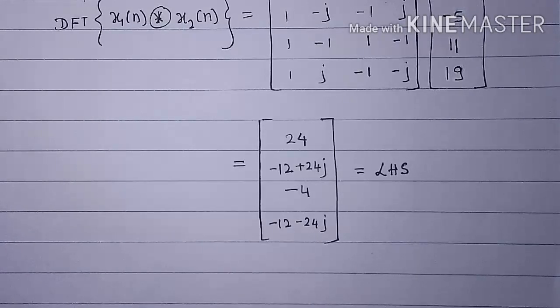Now we have to compute the DFTs of x1 of n and x2 of n separately and then multiply DFT of x1 of n with x2 of n sample by sample. We have already computed DFT of x1 of n and x2 of n, so we will make use of those results here directly.